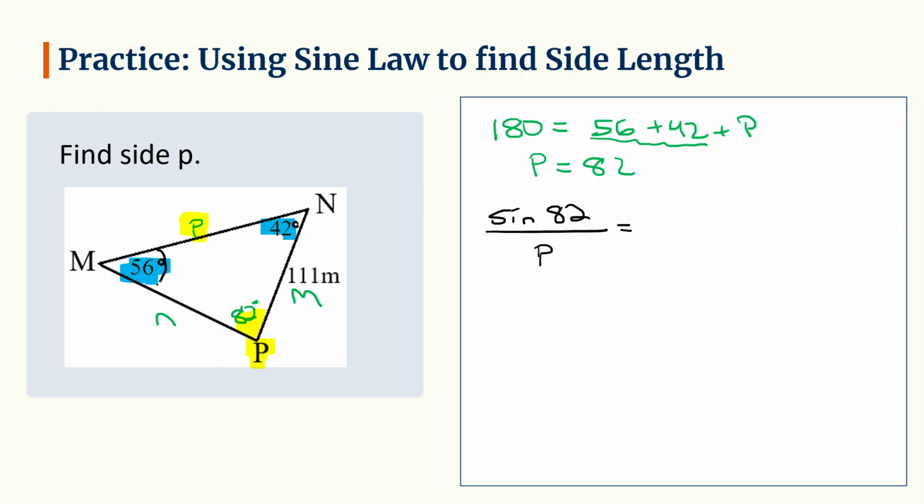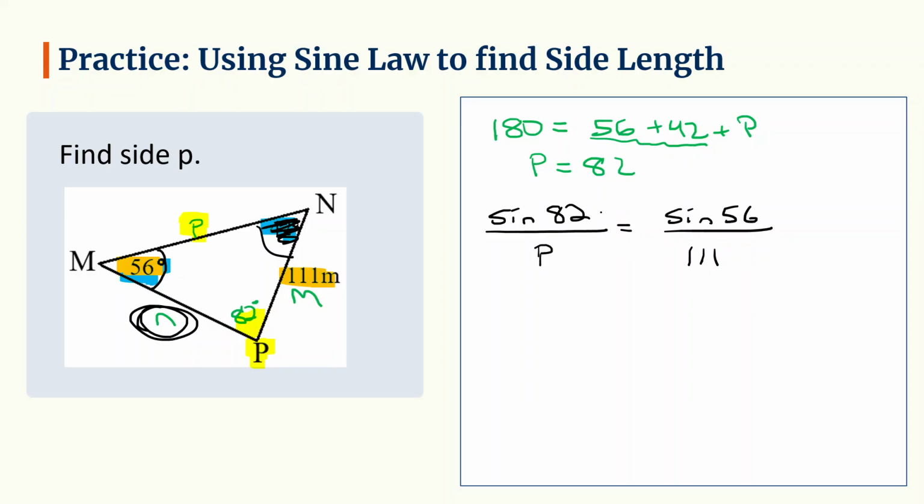So I do know both angles M and N, but I don't know side N, which means I'm not going to use N, sine N over N. I am going to use M. So I am going to take the values of angle M and side M, and I'm going to continue to write the sine law. So sine M, which is 56, over 111 side M. So I've just taken the information from the triangle and I set up the version of the sine law that I need right now, which is sine P over p equals sine M over M.